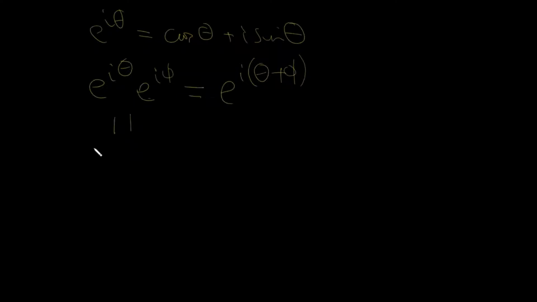First of all, we could re-express it as the product of two of these cosine and sine terms. So e to the I theta is obviously cosine theta plus I sine theta, and e to the I phi would just be cosine phi plus I sine phi.